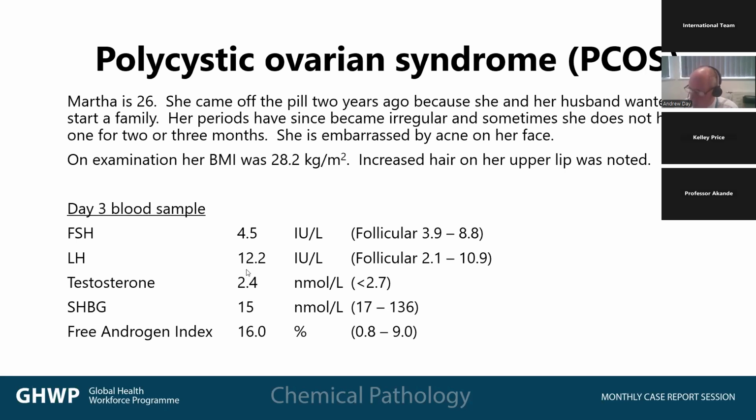Although the total is normal, the binding protein is very low, so the free testosterone is raised as expressed in females by the free androgen index, which is the ratio of total testosterone to SHBG.